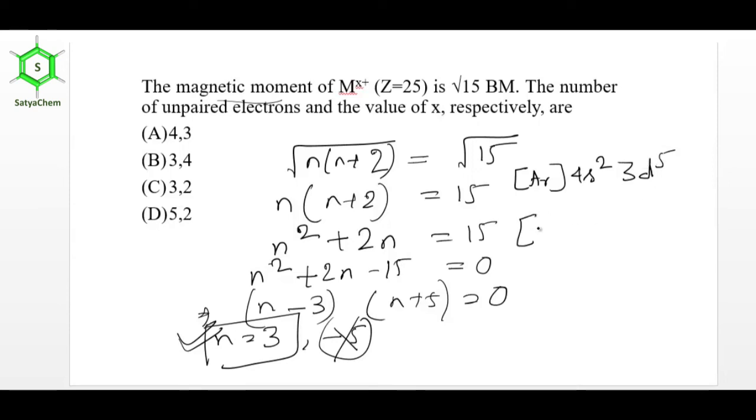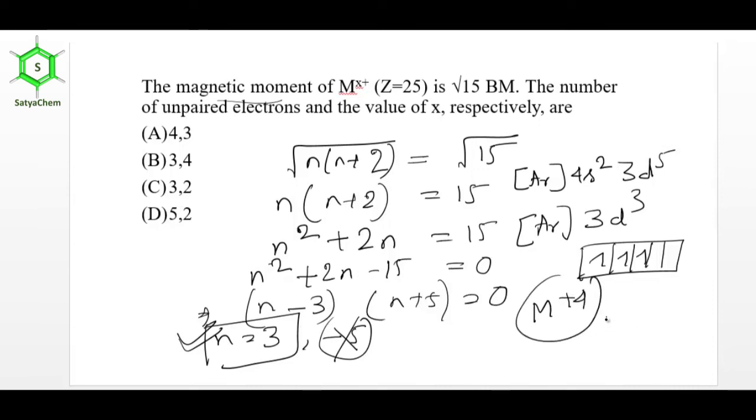Then the electronic configuration would be 3d3. Clear? Then only you will have 3 unpaired electrons. As 2 electrons from 4s and 2 electrons from 3d are removed, the oxidation number of M should be plus 4, so x equals plus 4. The correct answer is: number of unpaired electrons is 3 and the value of x is 4. So the correct option is B.